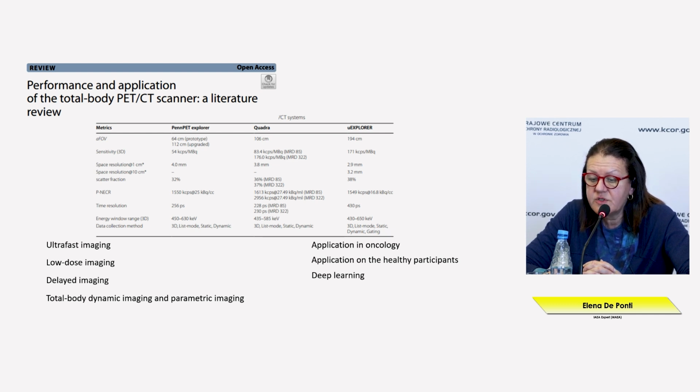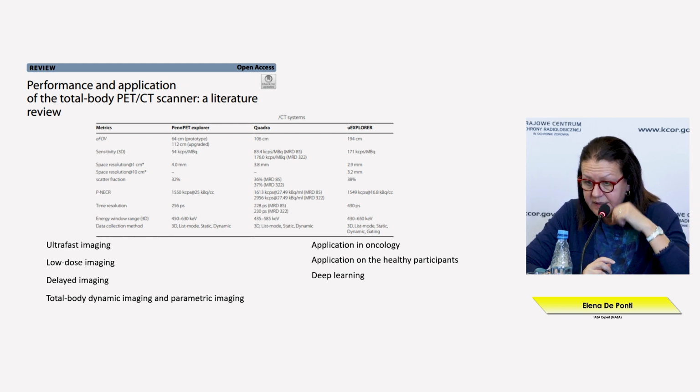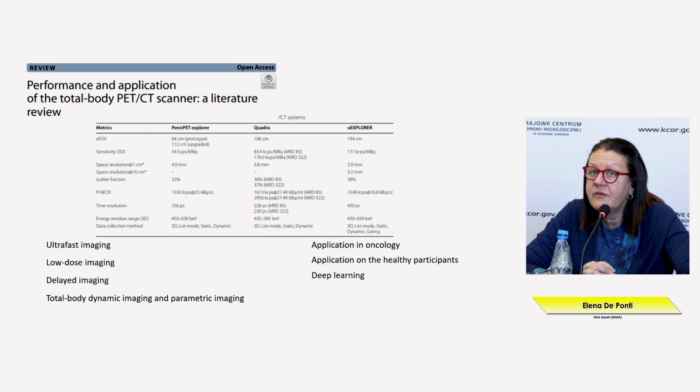We can have also low-dose imaging or delayed imaging that was not possible for some radioisotopes in the past, and now with this kind of equipment it can be considered. We have total body dynamic imaging, as we can inject the tracer into the patient in the scanner and follow its distribution time by time.